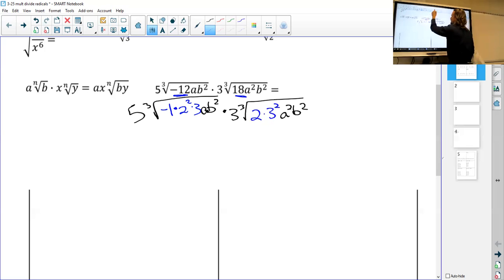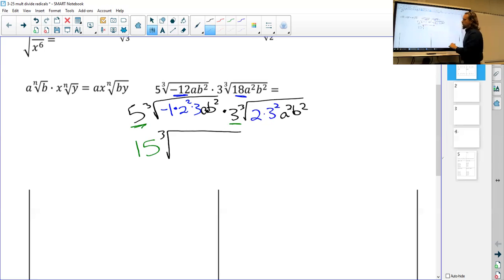Okay, so on the outside, 5 times 3 is 15. Okay, cube root. So I only have one negative 1, so I'm going to leave that as negative 1. I've got 2 squared times 2 over here, so that's three 2s, so that's 2 to the third.